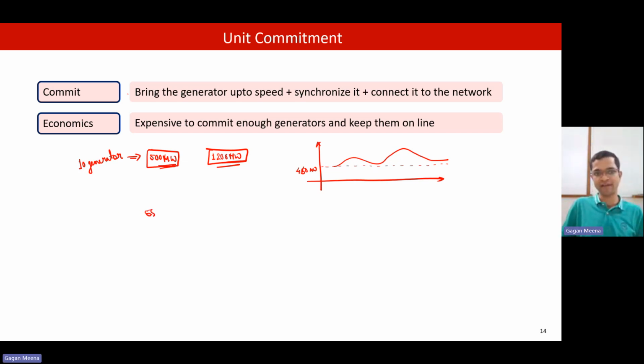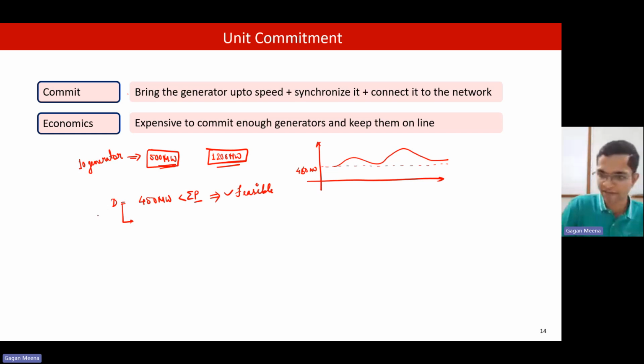If the demand is 450 megawatt, which is less than the summation of minimum generation, then generation is more than demand. This is a feasible solution, it is possible. There can be several combinations to satisfy this demand, as we have seen in dynamic programming. This is one of the combinations, that all the generators are running at their minimum value.